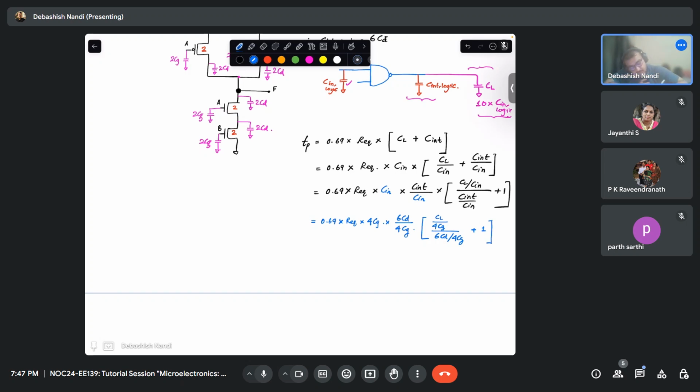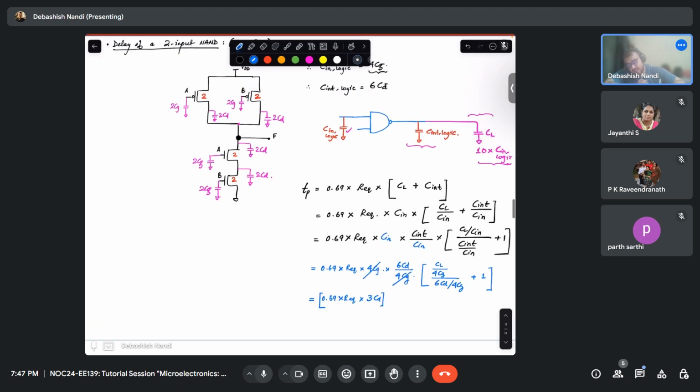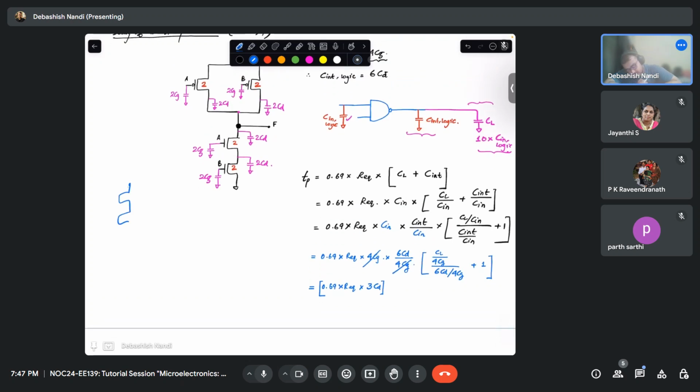Now let's cross this. What is the inverter delay I had? Inverter I had 3CD, right? Remember that inverter, if I draw the same inverter, 3CD. I had 3CD.